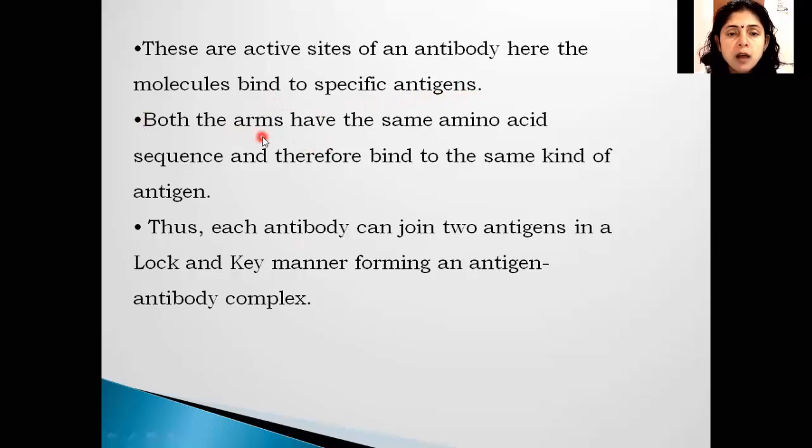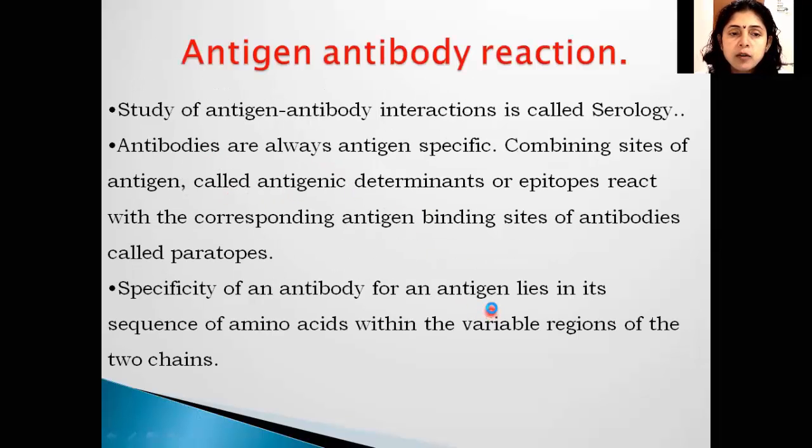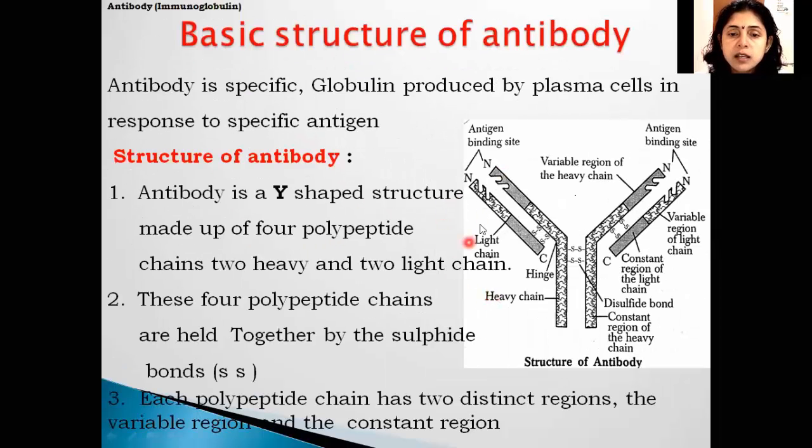Now both the arms have the same amino acid sequence and therefore bind to the same kind of antigen. Here हे जे दोन्ही parts आहेत, इथे जो amino acid sequence and here the amino acid sequence, it will be the same. So these can bind to the same antigen.